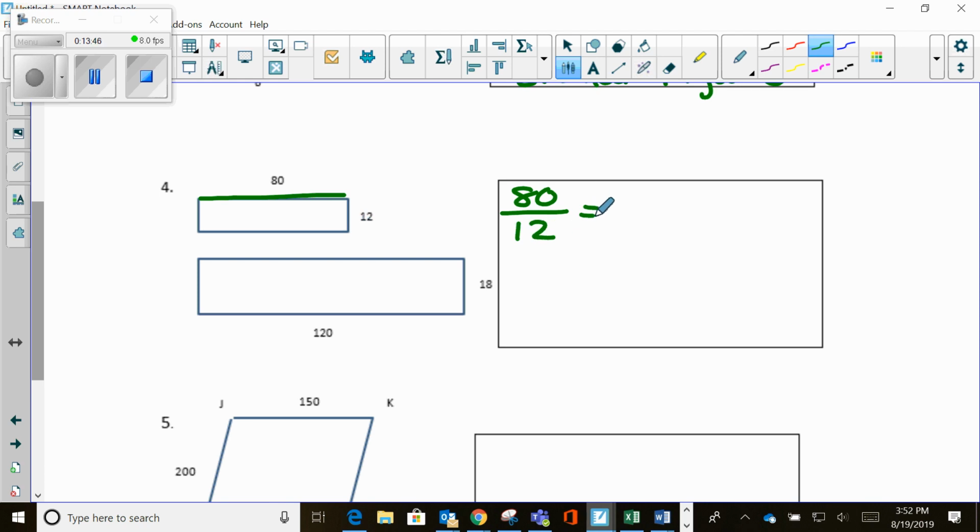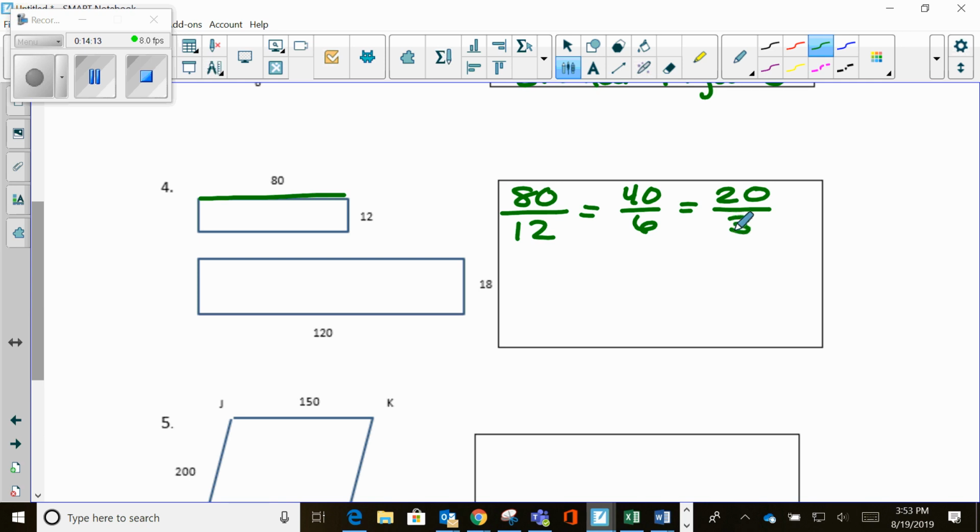Okay, so I'm going to say 80 divided by 12. That can be simplified to 40 over 6, which then simplifies to 20 over 3. You could change that to a decimal if you prefer decimals, but we're going to leave it at 20 over 3. Okay, that's as simplified as I can make that fraction.